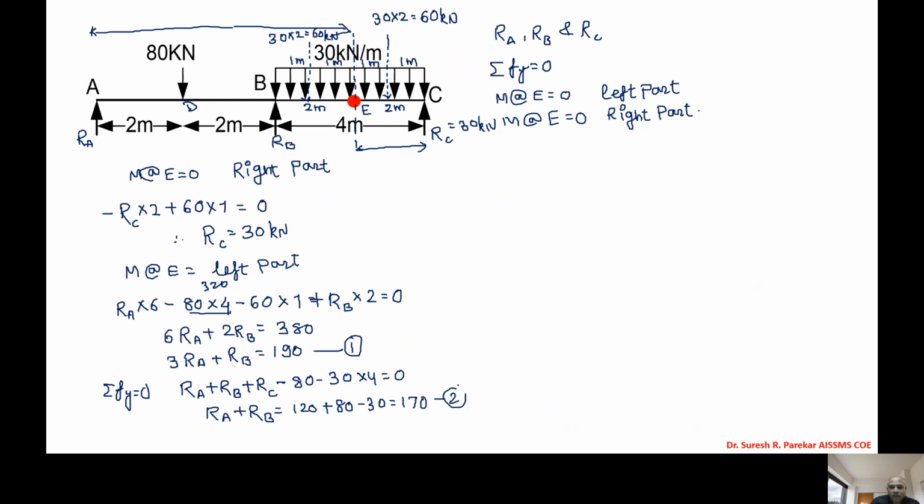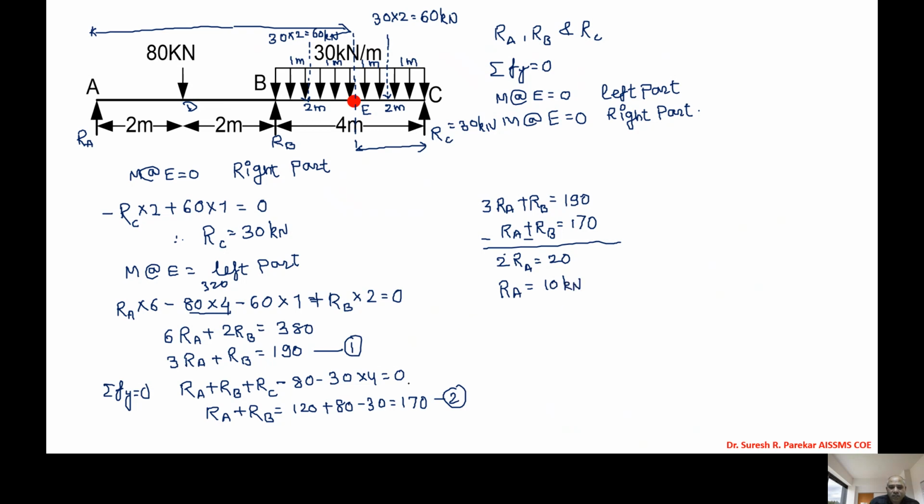This is the second equation. And we will solve these two equations. So we have 3RA plus RB equal to 190, equation 1, and RA plus RB equal to 170. When we solve this, we have 2RA equal to 20 and RA equal to 10 kilonewtons.